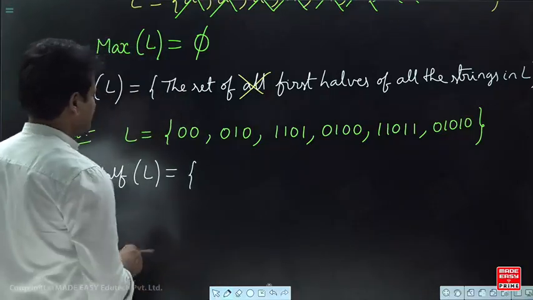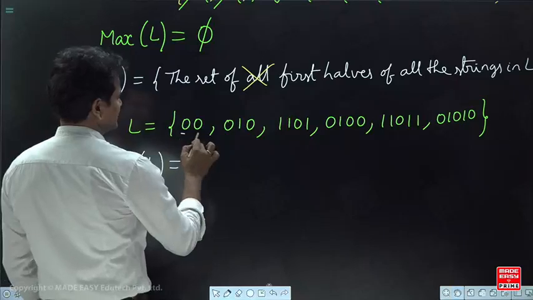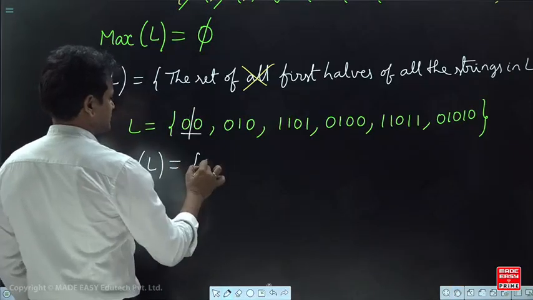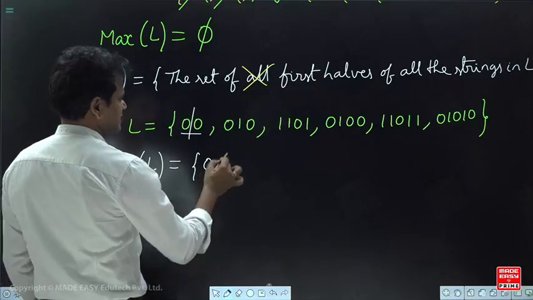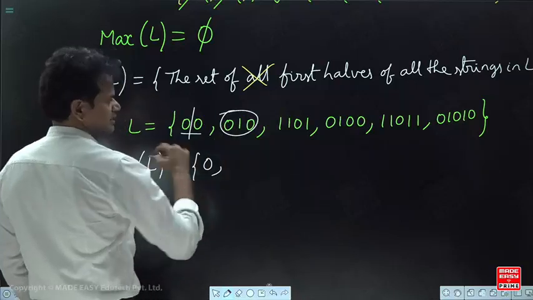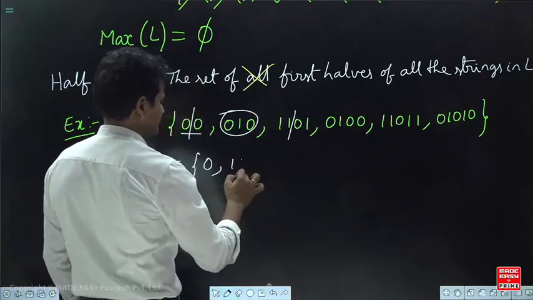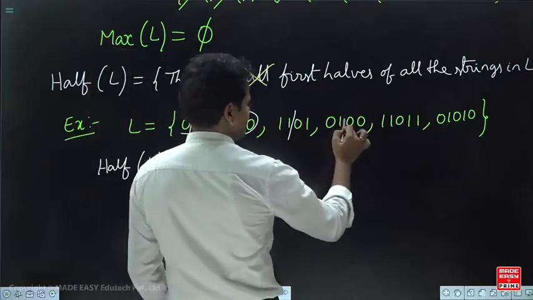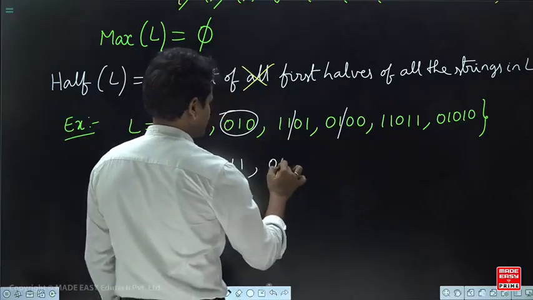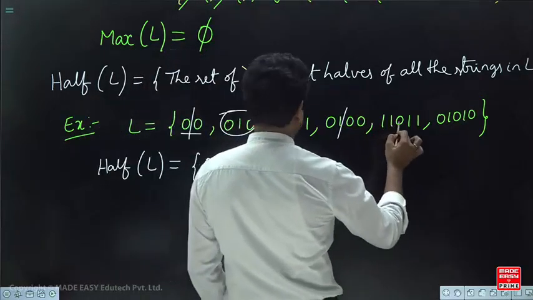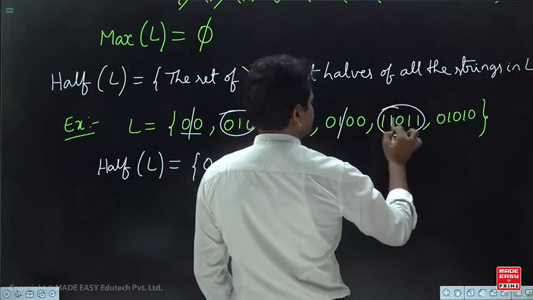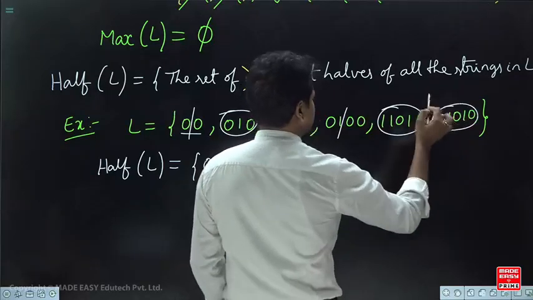Okay, so example here, it is even length. Even length first half is what? 0. Okay, next. This is odd length. Leave it. This is even length. What is the first half? 11. And this is even length. What is the first half? 01. And this is odd length. Leave it. This is also odd length. Leave it.